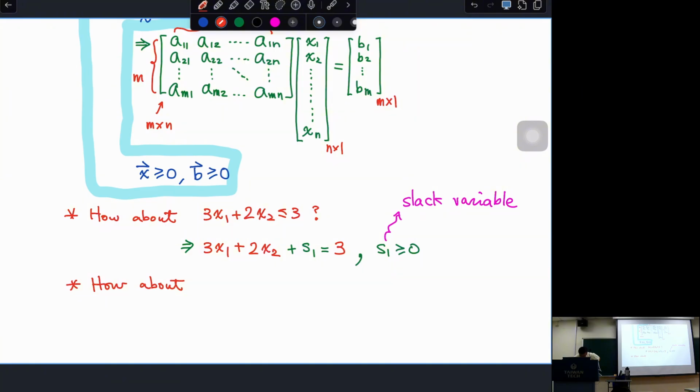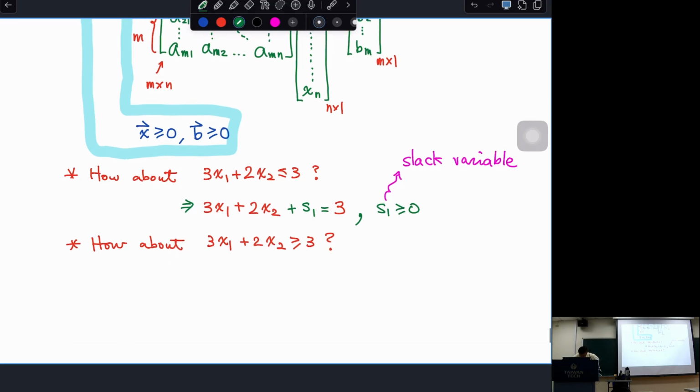So the other situation is, this time, it's larger than or equals to. So this time you cannot add the slack variable. You have to minus another kind of variable, this time minus T1.